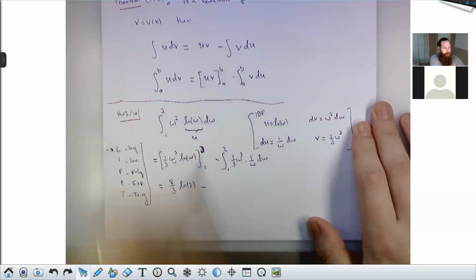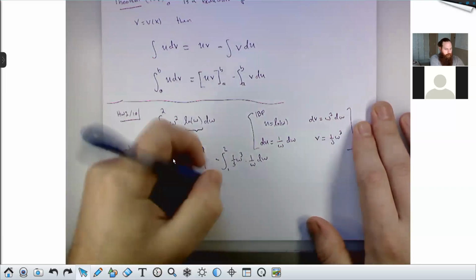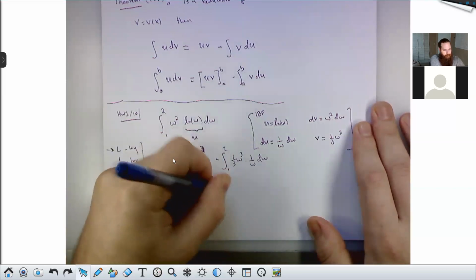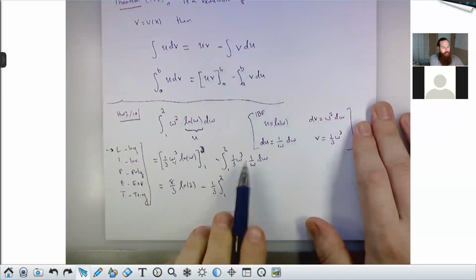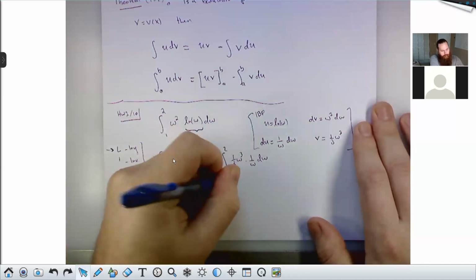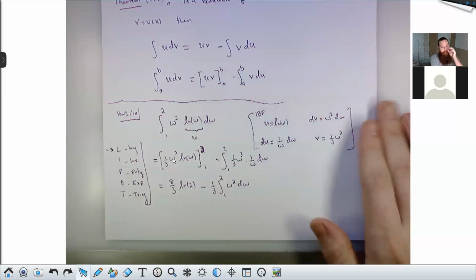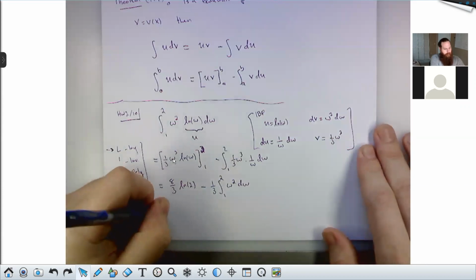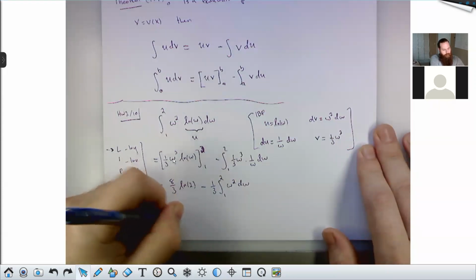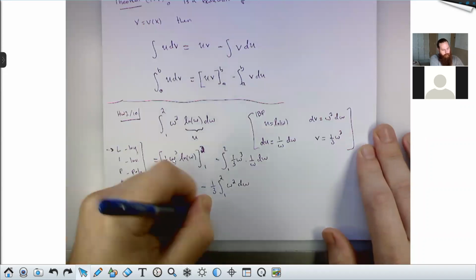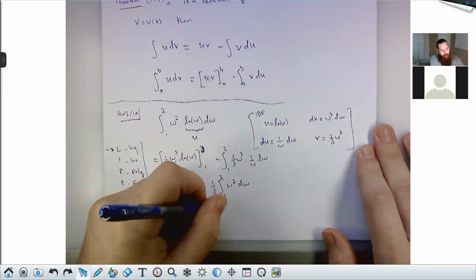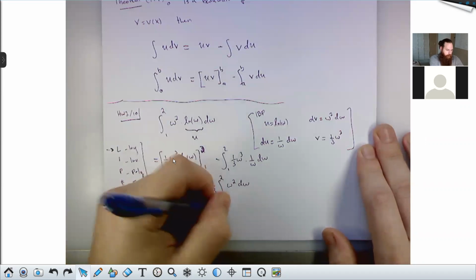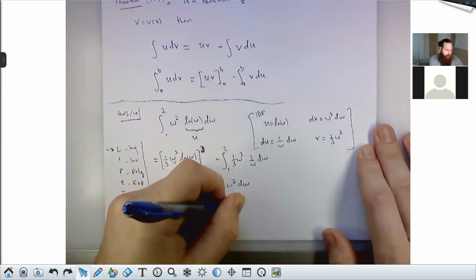And then minus, I'll pop this 1/3 out of the integral. And I have here integral 1 to 2. W cubed times 1 over W, that's W squared dW. So this is going to be 8/3 times the natural log of 2 minus 1/3 times integral of W squared is 1/3 W cubed.